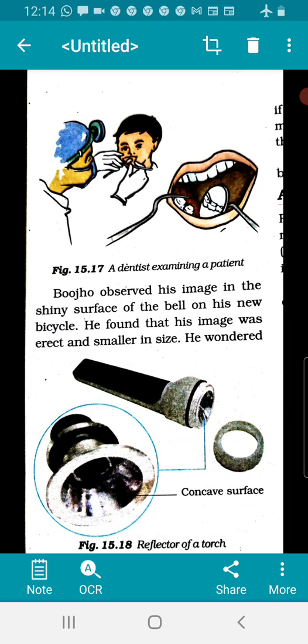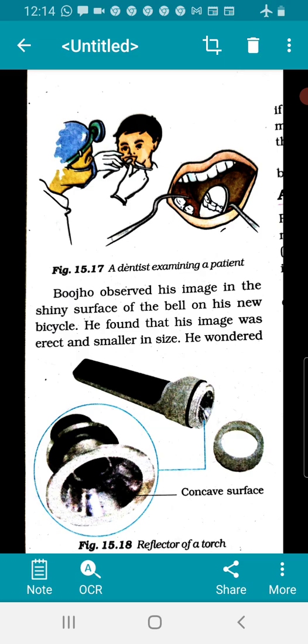Now how is this concave mirror useful? You must have seen the dentist use the concave mirror.